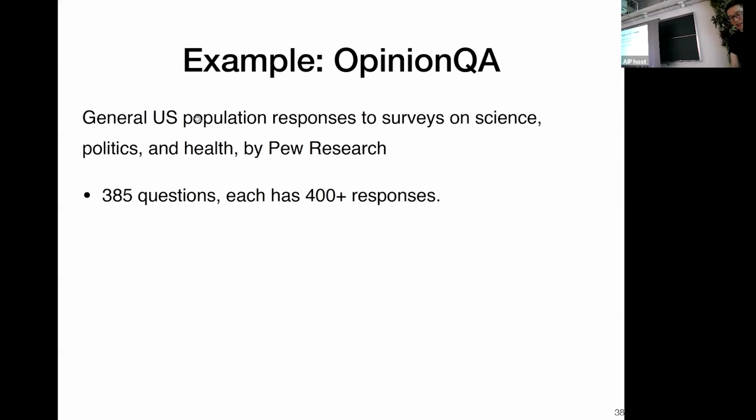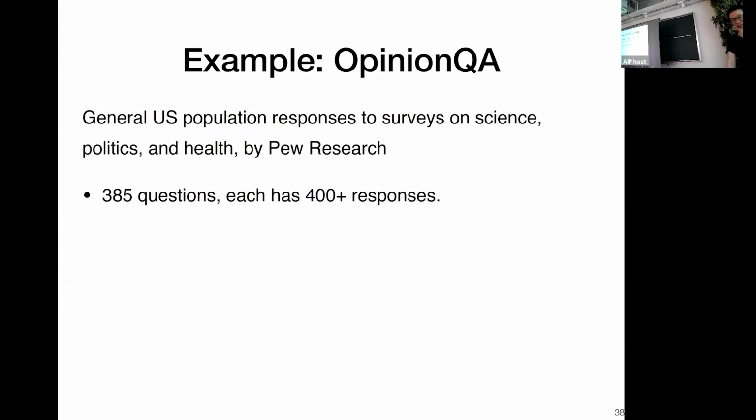This dataset consists of general US population responses to surveys on science, politics, and health, and it was conducted by Pew Research Institute. In this dataset prepared by someone, there are about 400 questions, and each question has 400 plus responses. Some of them even have 1,000 or tens of thousands of responses. Some can be just a few hundred.